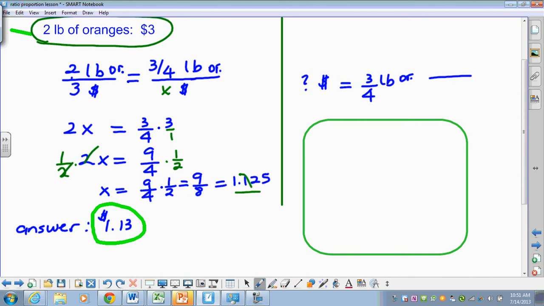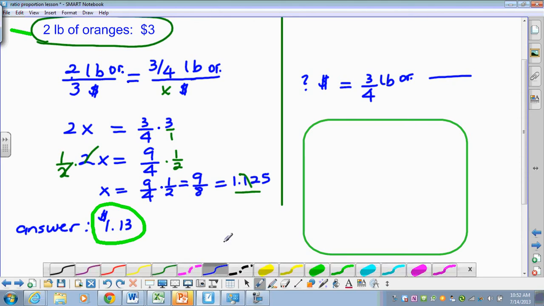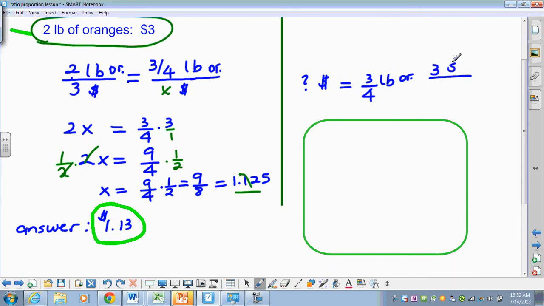So $3 will be on the top, and 2 pounds of oranges on the bottom. Again, the idea being this conversion factor represents 1. It doesn't change the value of anything, but it changes into the correct units. In this case, from pounds, we're going to dollars. So we're going to get the correct value for dollars.